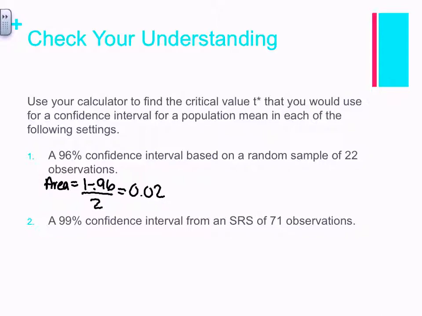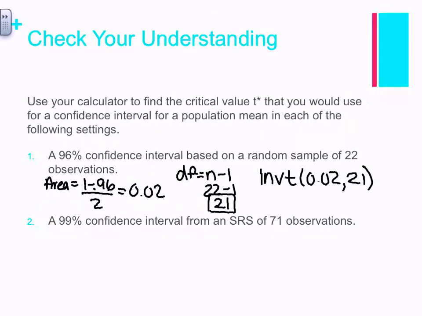I also need to know my degrees of freedom. My degrees of freedom are found by taking my sample size and subtracting 1. So my degrees of freedom here is 21. And this is really the only place that you're going to need that. Now to find my T critical value, I'm going to inverse T 0.02 and 21 degrees of freedom.